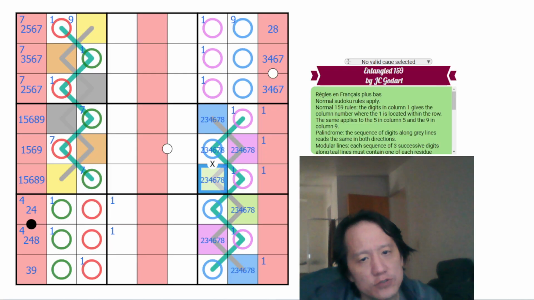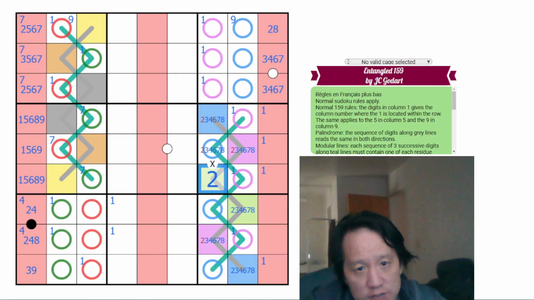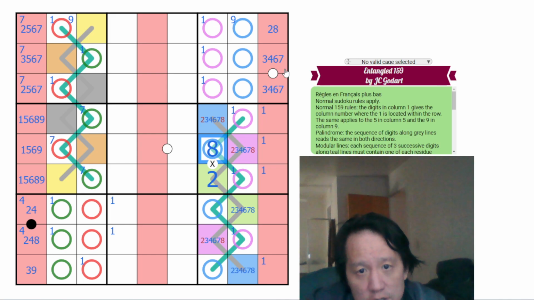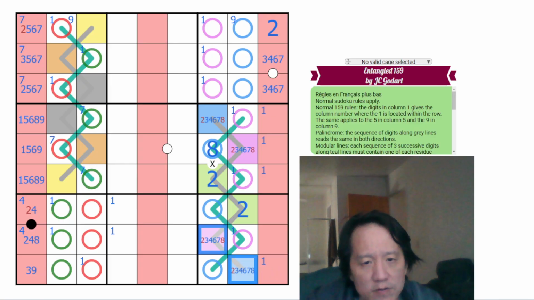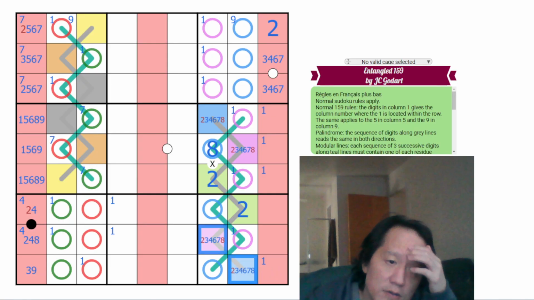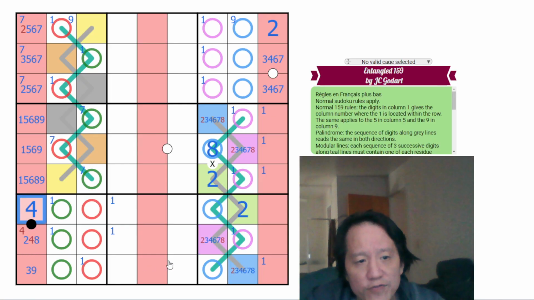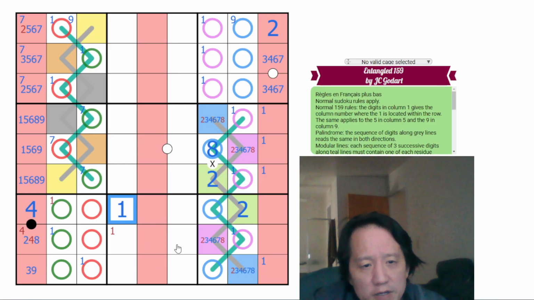So say this was 2. If this is 2, this is 8. This has to be 6, 7 then, because this would be 2, right? So you have 6, 7, 6, 7. This would be 2. 6, 7, 6, 7. Okay, and then this would be 4, which would mean that's a 1.